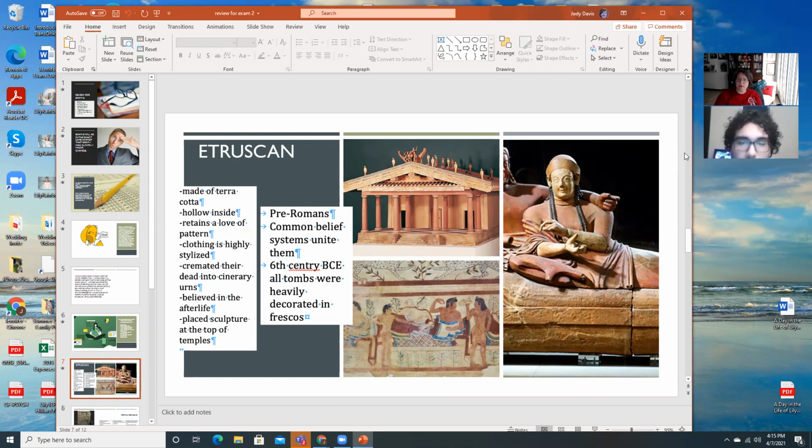And because of that common language and common religious belief system, their society was fairly strong. Their afterlife belief system was one in which they believed in cremation, and they believed that their afterlife would look similar to what they had here on Earth. And so they created these tombs.